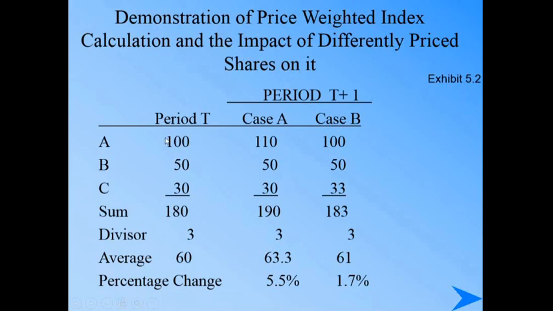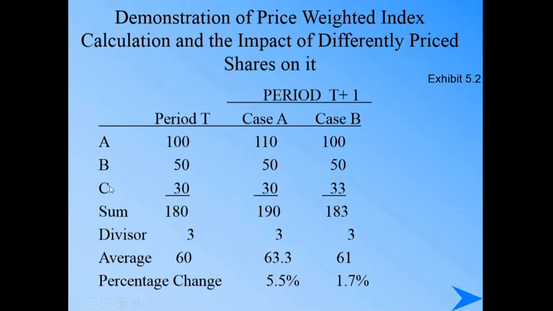It means that this is why it is known as a price weighted index: if a company has a larger price and its price increases by 10%, it will bring more change in the index, that is 5.5%. Remember that the price has increased by 10% in both cases, but it brings more change.